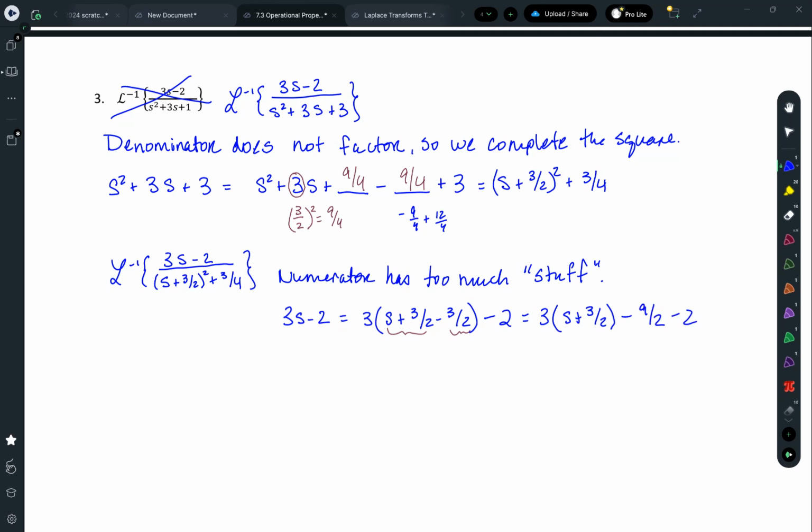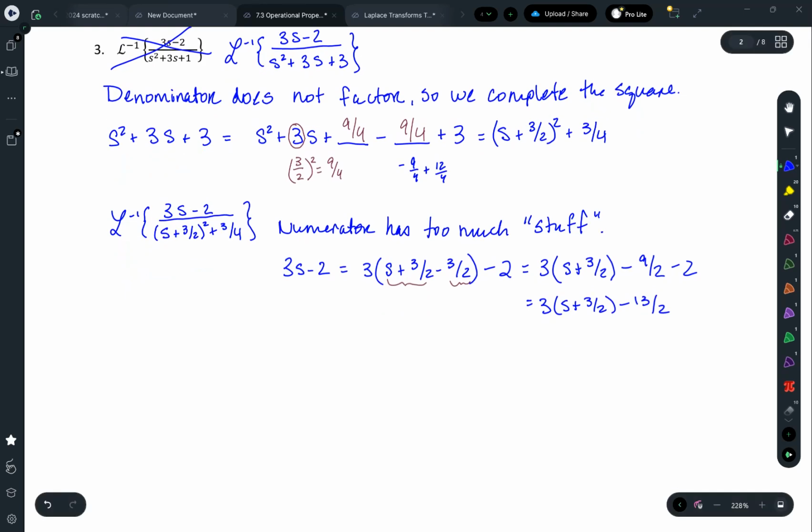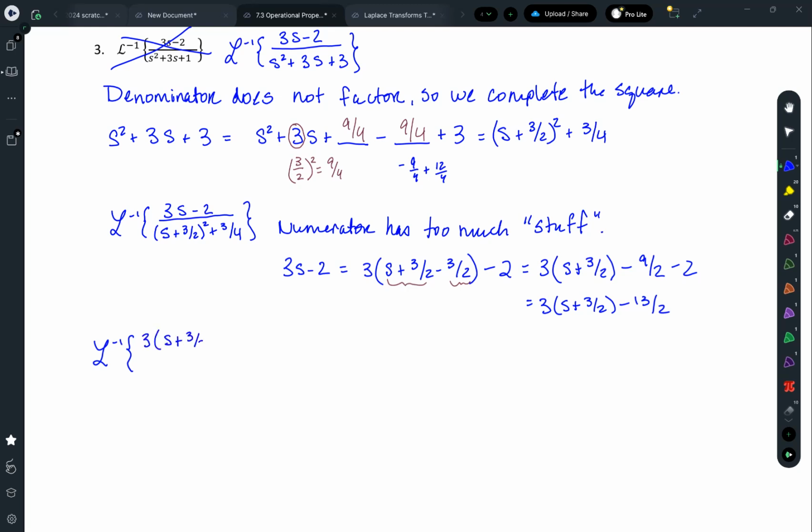Minus 2 can be rewritten as minus 4 over 2, so this becomes 3 times s plus 3 halves minus 13 halves. Okay, so really what we're looking at is the Laplace inverse of 3 times s plus 3 halves minus 13 halves all over in quantity s plus 3 halves all squared plus 3/4.